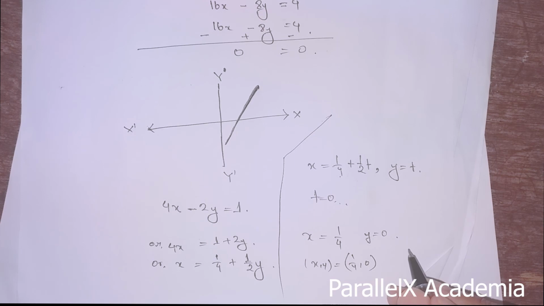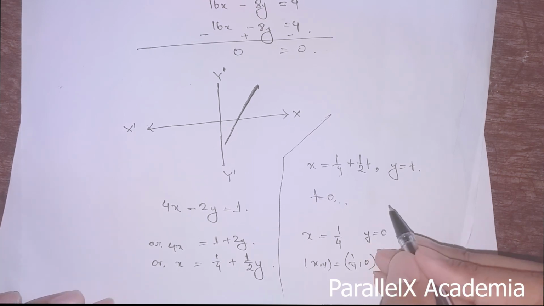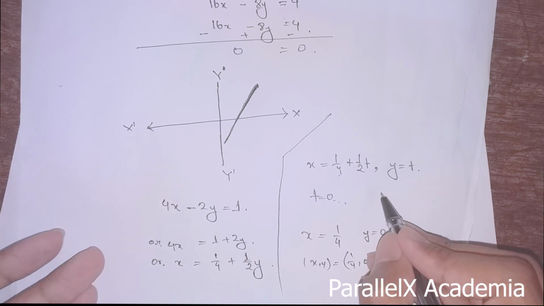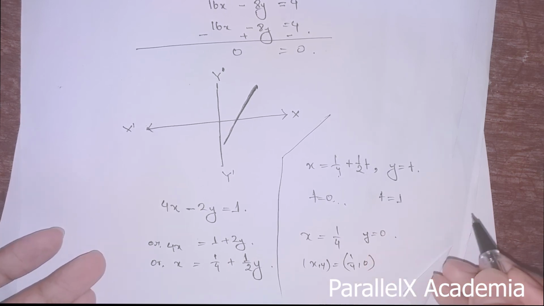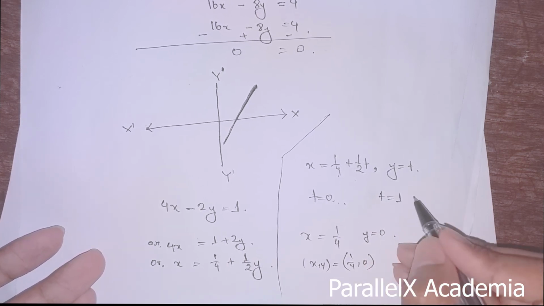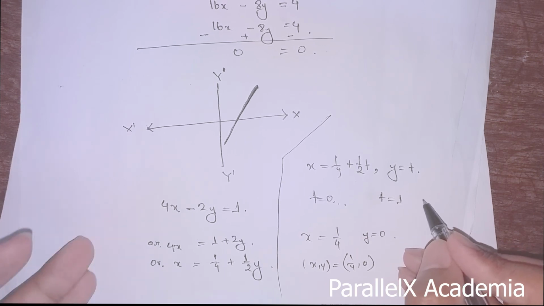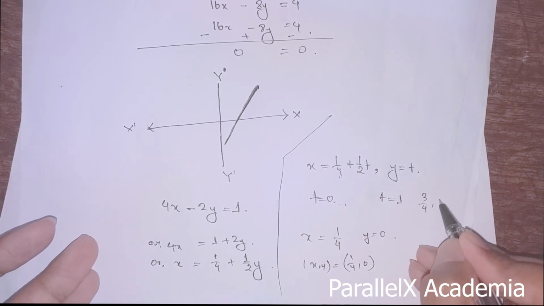Again, suppose the value of t is 1, then we will have the solution 3 by 4, 1.